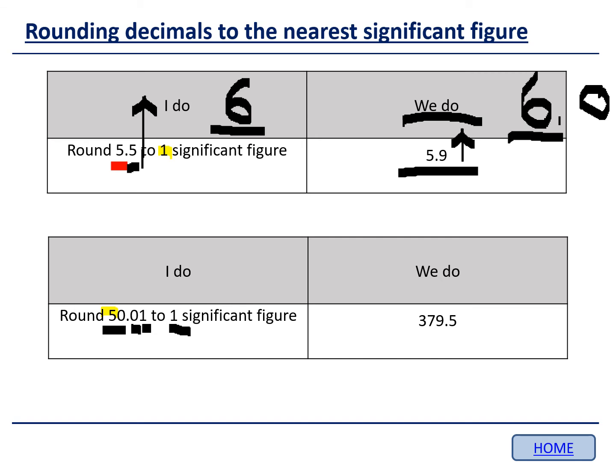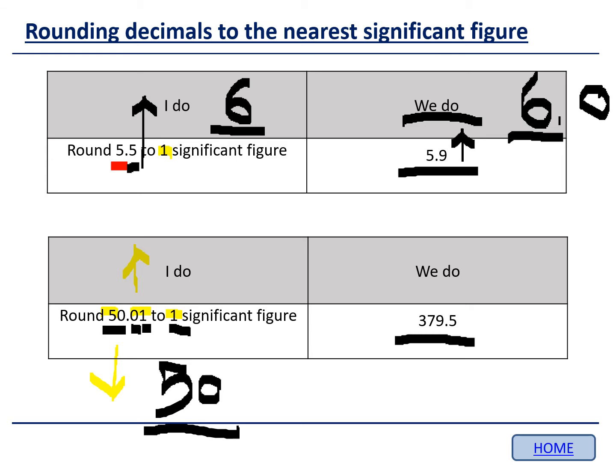But again, I need to be looking down the line to determine how it's going to help me round up or round down. On this occasion, because it's only hundredths and it's to 1 significant figure, we're going to round down, and the value would be the whole number 50. Again, feel free to write that as an example.